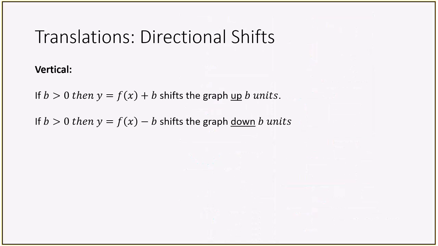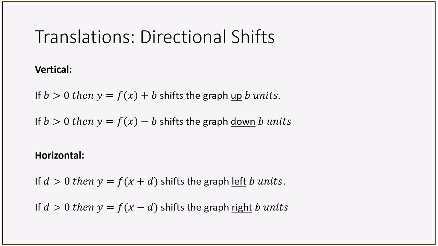Now, the first transformation is translations, which is a fancy word to say we move it around. We move it up, we move it down, we move it left, and we move it right. So if we're going to move a graph up, we're going to add b outside of the function. And if we're going to move it down, we would subtract b outside of the function.